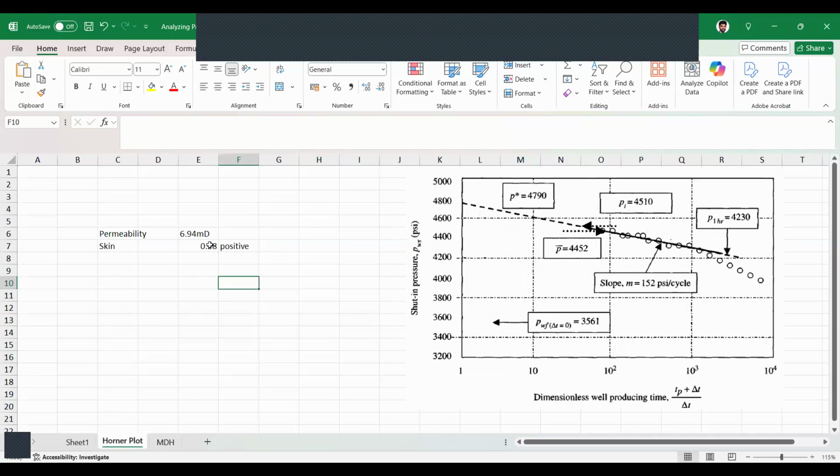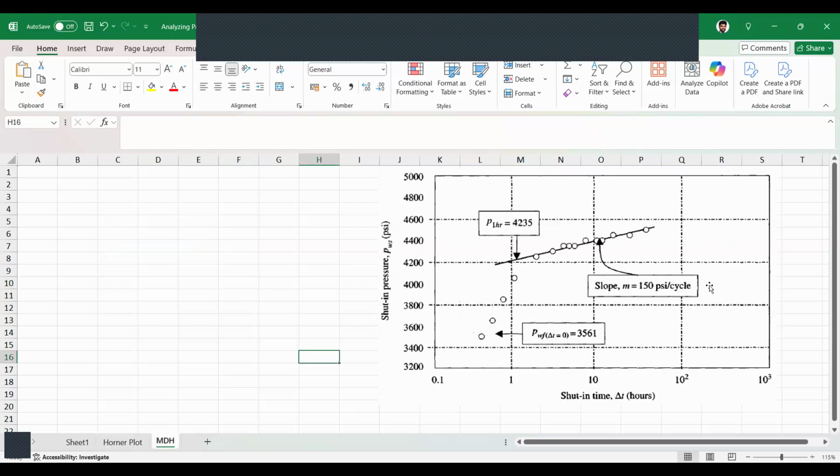Here it is 6.94 millidarcy, but in the MDH plot, from the same analysis, you can just find from the slope, M is equal to 150 psi per cycle. Of course M is in the denominator, so K will be higher in the MDH plot.